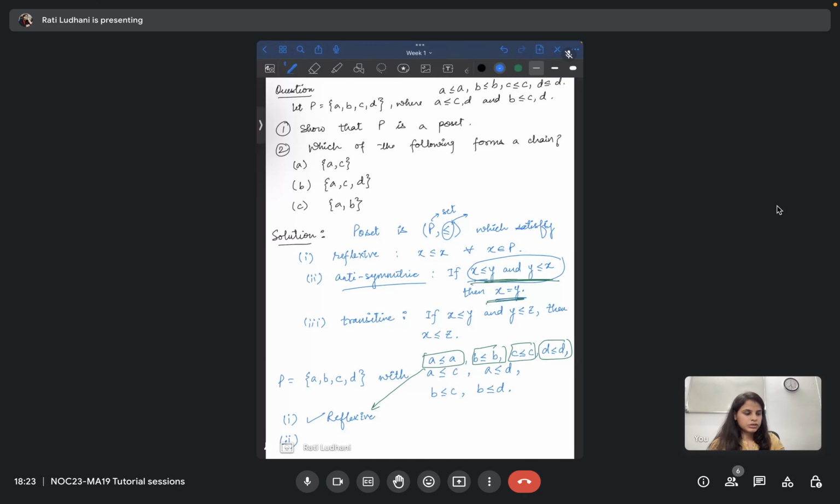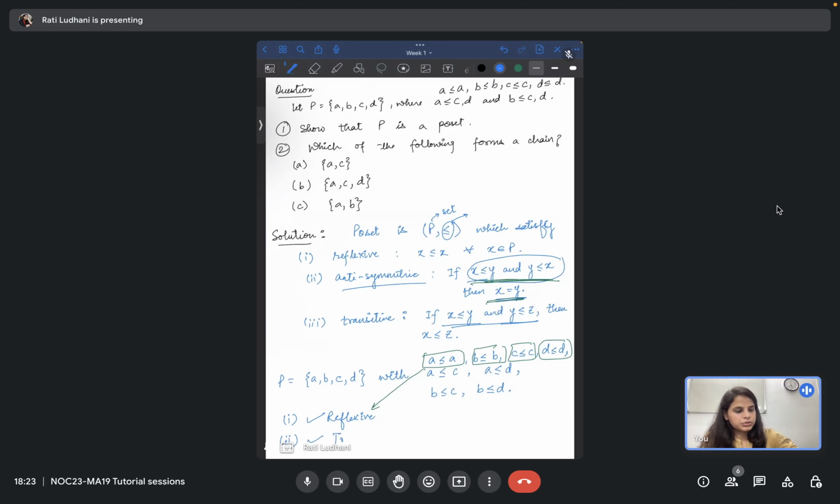Sorry, I jumped to transitivity. Even for antisymmetry, we never have x less than or equal to y and y less than or equal to x unless x is equal to y.